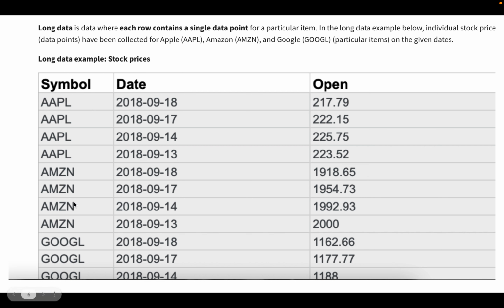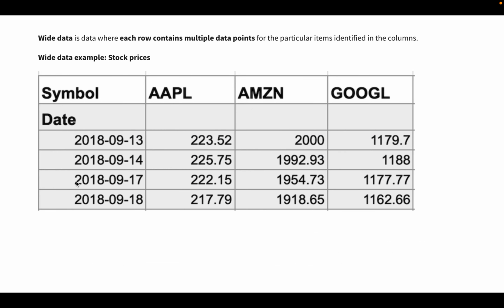That's long data because if they appear repeatedly, this must make the spreadsheet super long, right? And what is wide data? If you just think about the name, if a spreadsheet is very wide, it means there are so many columns, right? See, just look at one day. You can add more columns, more families to this spreadsheet.